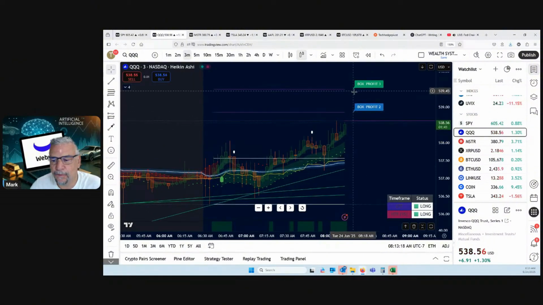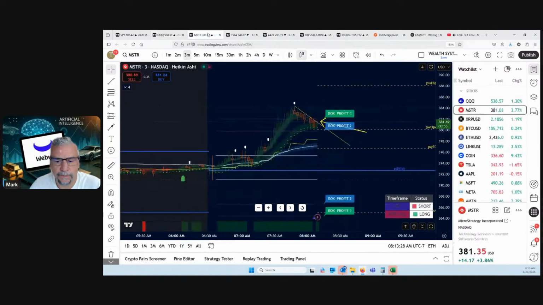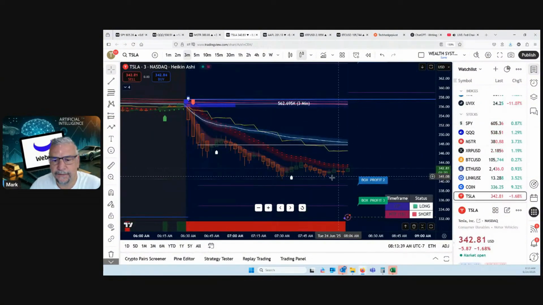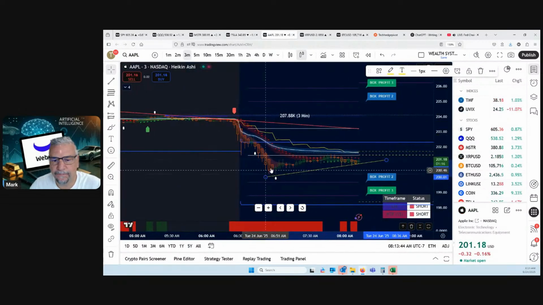Now, is it possible we're going to 539.5? I guess it is possible. Up 1.3% for the day, QQQ. MSTR has the potential as well to break out. Tesla, Apple, again, setting up.